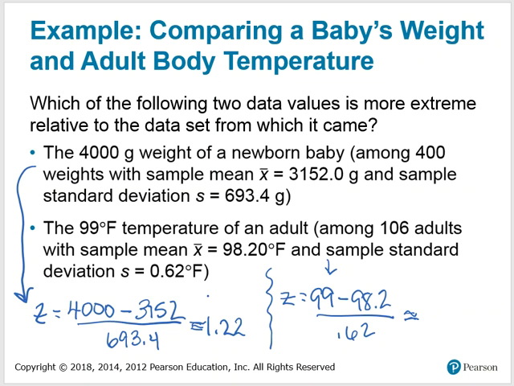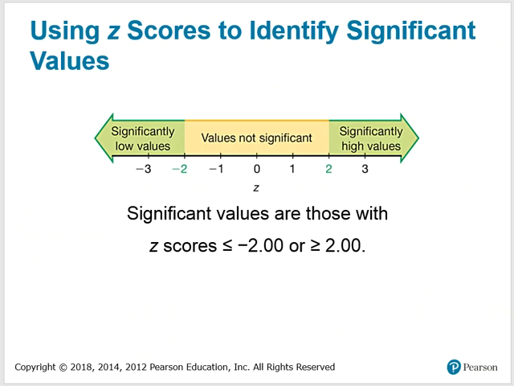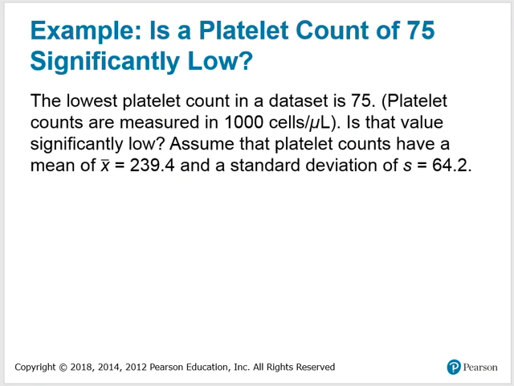To 2 decimal places, 1.29. So the temperature information is more extreme than the baby weight information because it's a little bit farther away. The 1.29 is a little bit higher than the 1.22. But in actuality, neither one of them is statistically significant because neither one is above 2 or below -2.